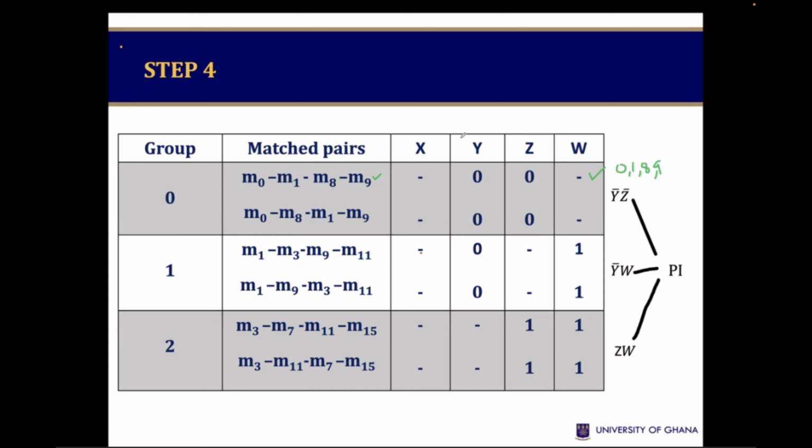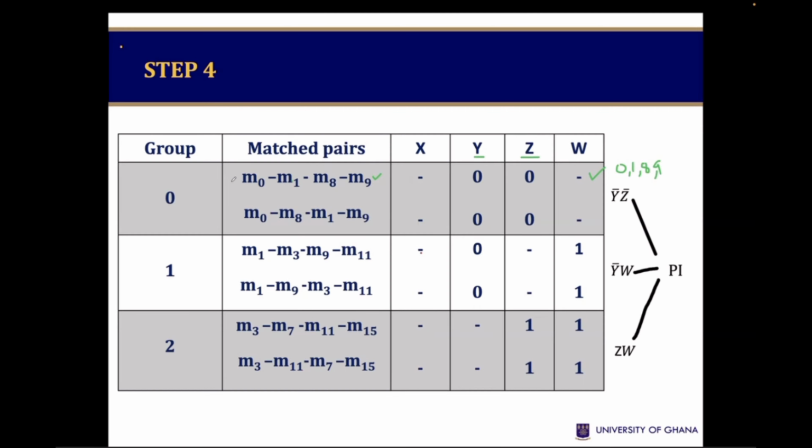Here we have Y and Z. So what is the min term corresponding to Y and Z? What's the min term for this? It's one, so we have to invert it. Very good.